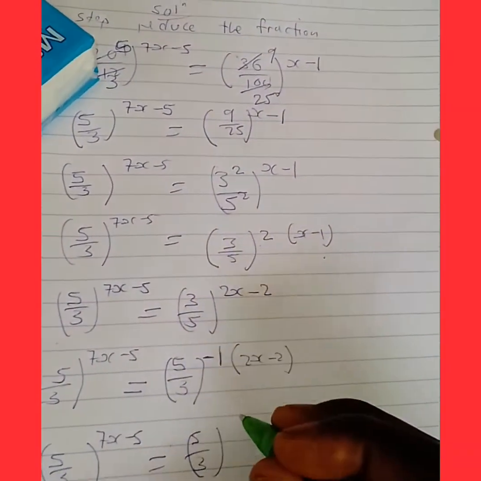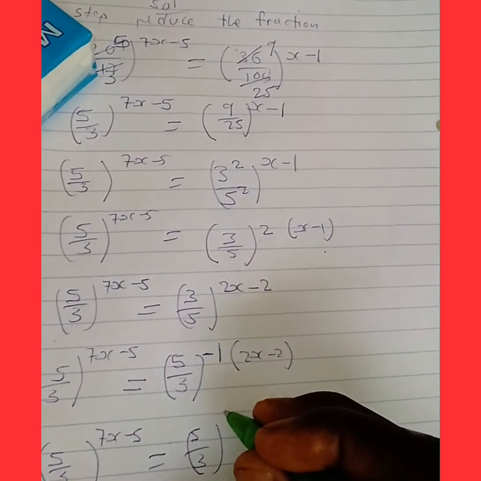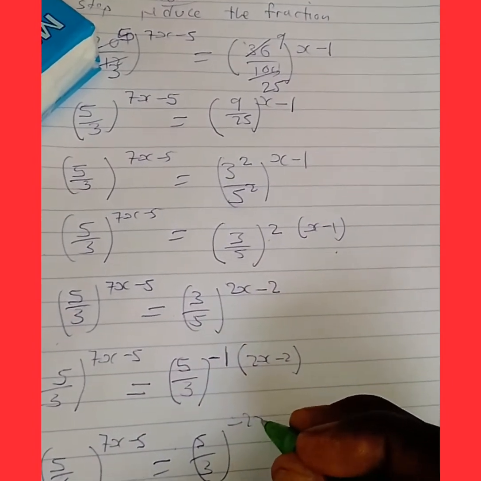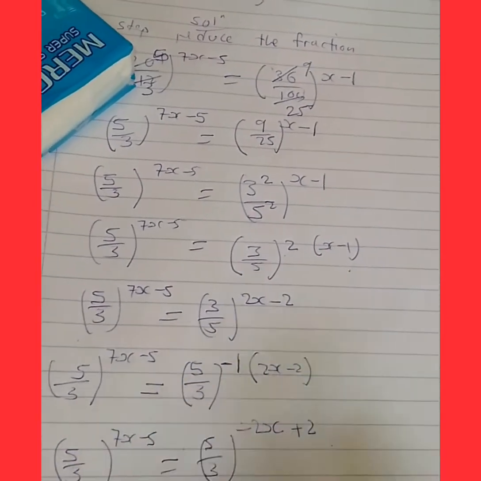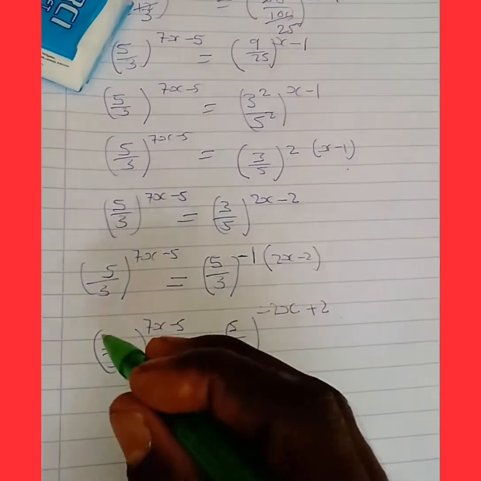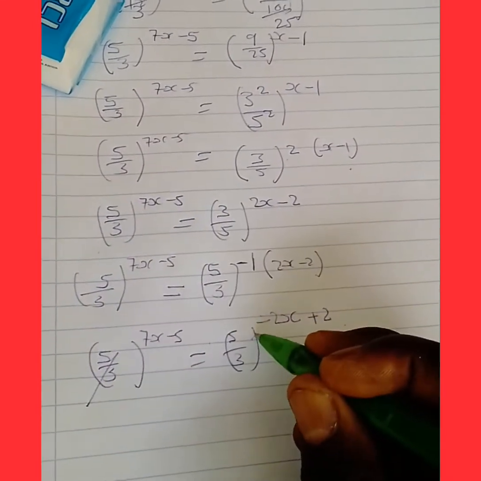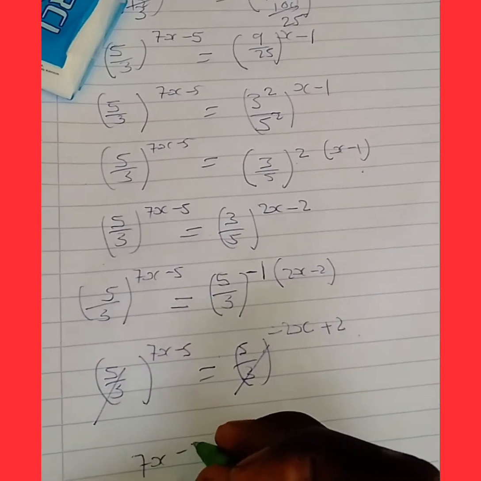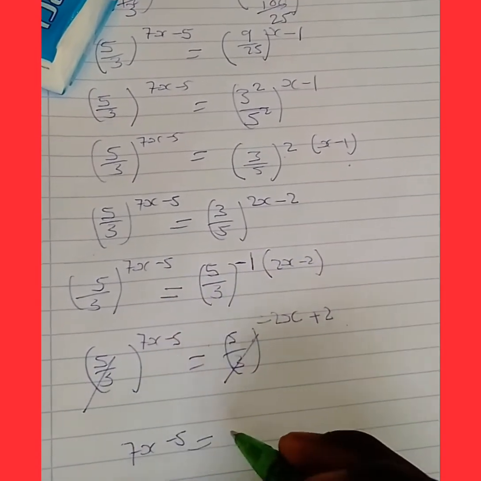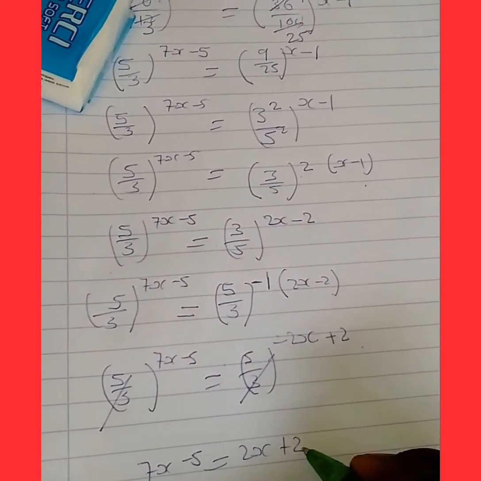Minus 1 times 2x gives me minus 2x. Minus 1 times minus 2 gives you plus 2. As you can see now, the bases are the same. So this base will cancel this base, and I have 7x minus 5 equals 2x plus 2.